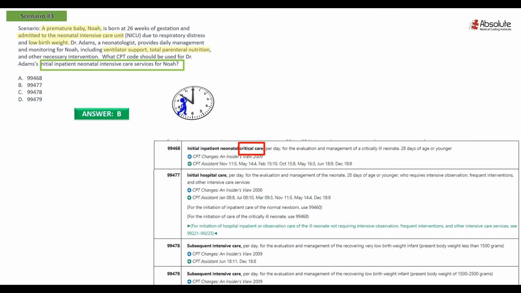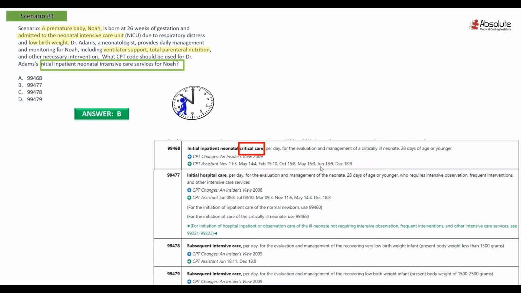Option A, I see many of you have overlooked. 99468 is for initial inpatient neonatal critical care per day for the evaluation and management of a critically ill neonate 28 days of age or younger. So this particular code might be a little bit confusing, or you might have overlooked this one. This is for inpatient neonatal critical care.